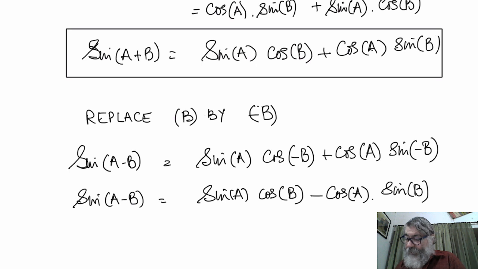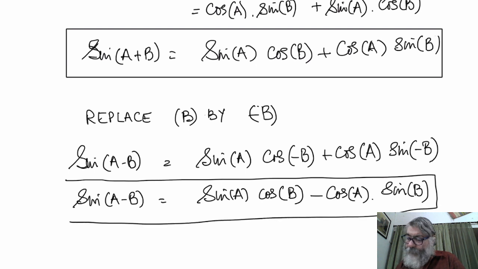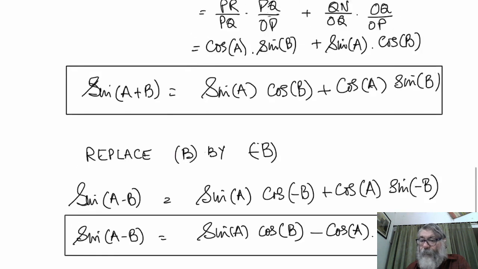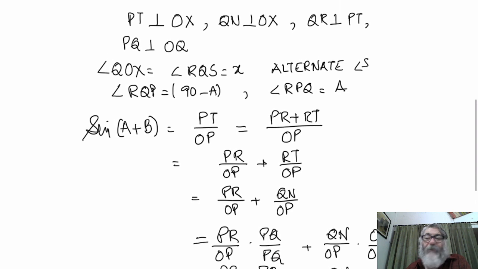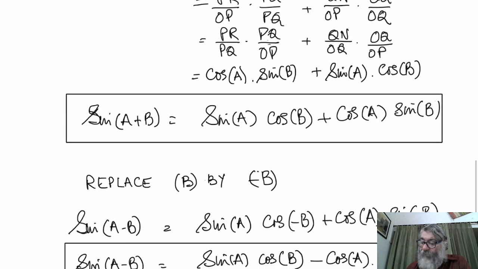So this is another formula we have got: sin A minus B is equal to sin A cos B minus cos A sin B. We have got two formulas.